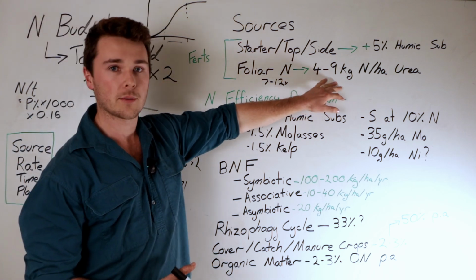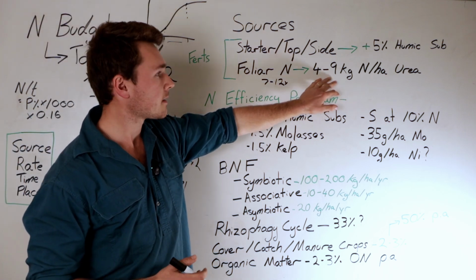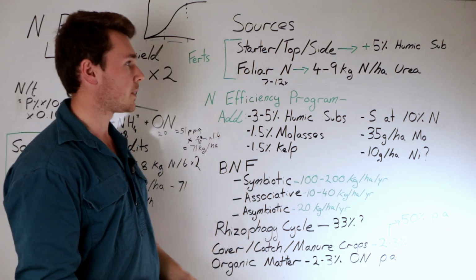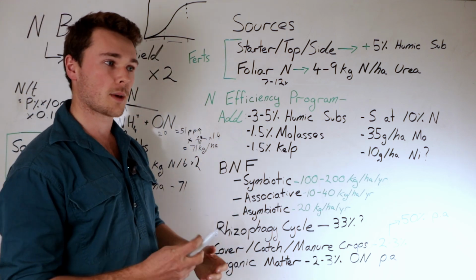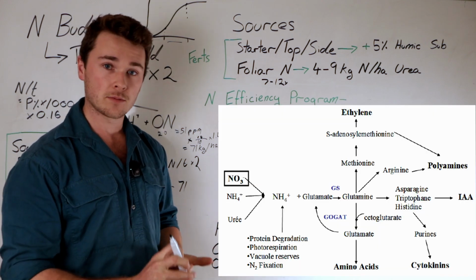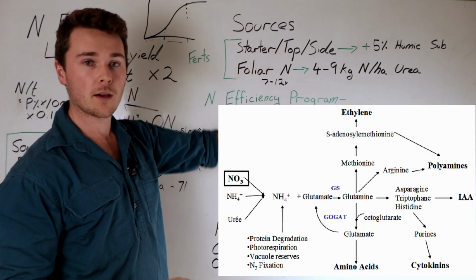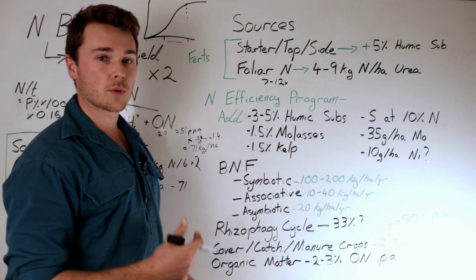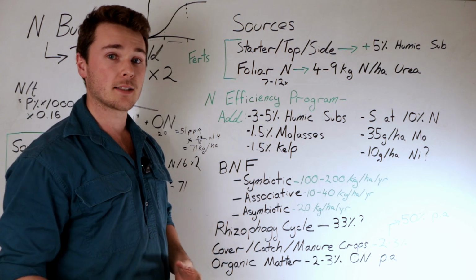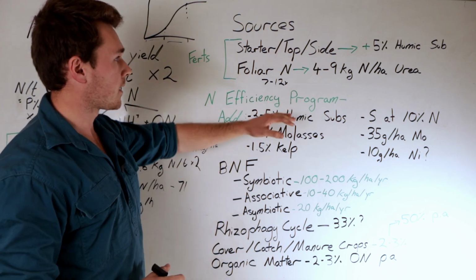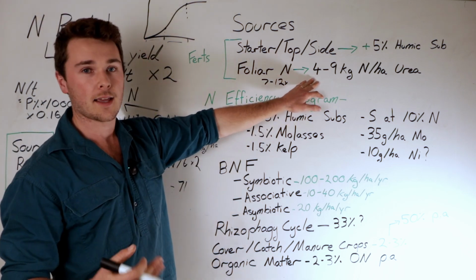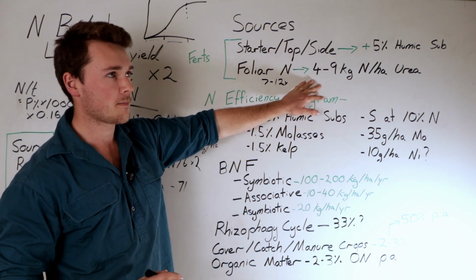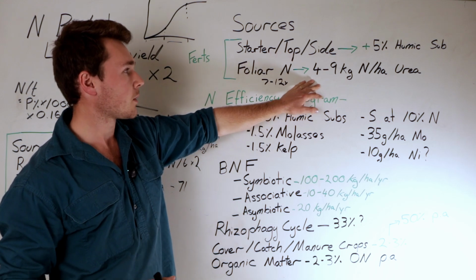Now you don't want to go too high because you can damage the plants, and there's a few different things you can do to actually increase that rate without damaging the plant. So back to thinking about the different pathways, nickel is quite important, especially when you're applying urea. So if you apply a little bit of nickel as well, now it depends. It's always good to get a soil test that also has a nickel component to it if you're going to really go heavy on this, because nickel is a heavy metal and it can be quite, not dangerous, but you've got to take good considerations when dealing with it.